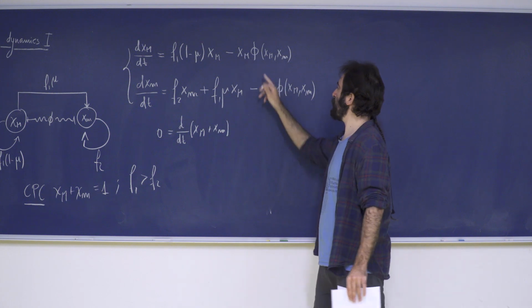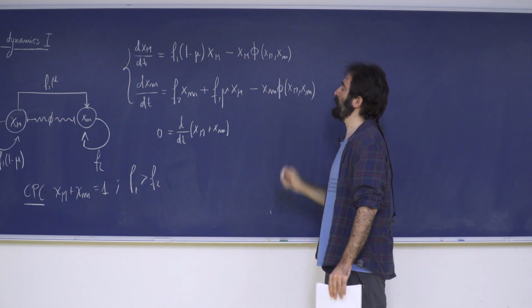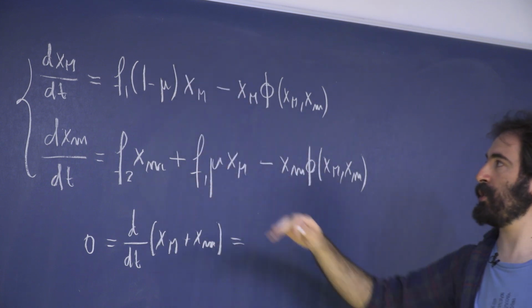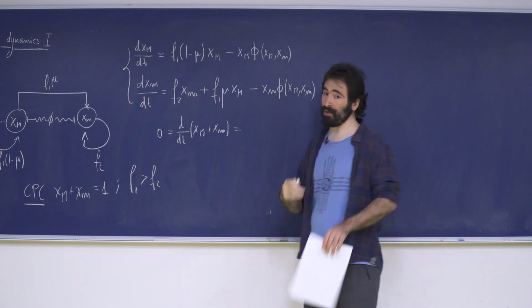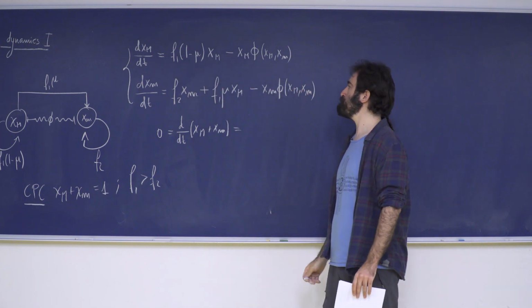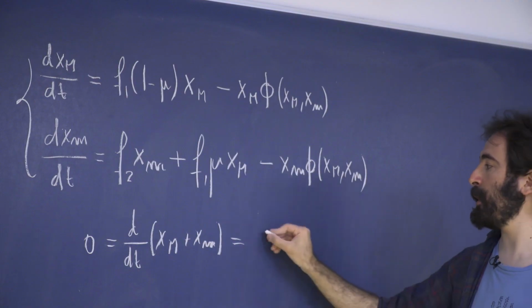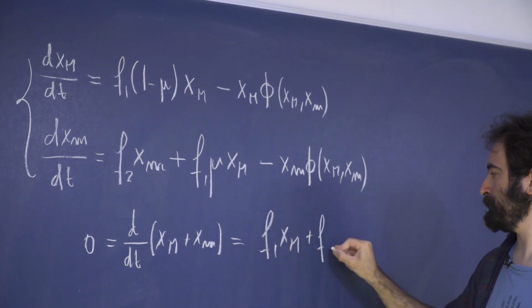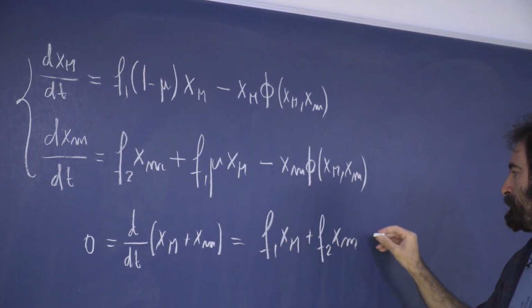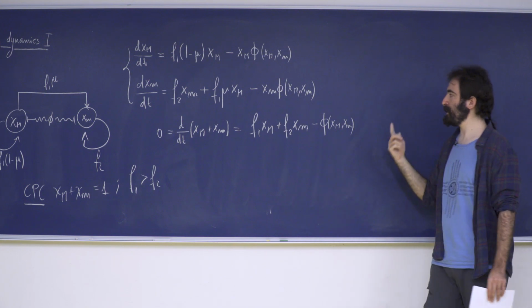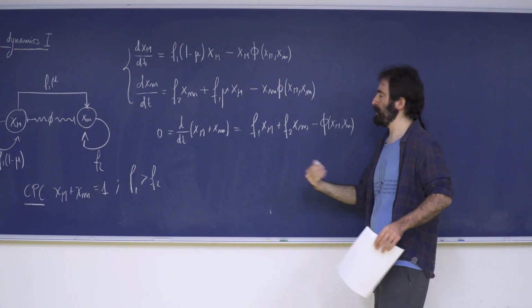Therefore, for example, here when I'm adding these two, I'm going to be only left with phi, right? If one does this calculation rather quickly, we see that also the mutation rate will cancel. The mutation rate term with x sub m, large M, will cancel, and we'll be left with this. Right? Because this is 0, just as we have just discussed.